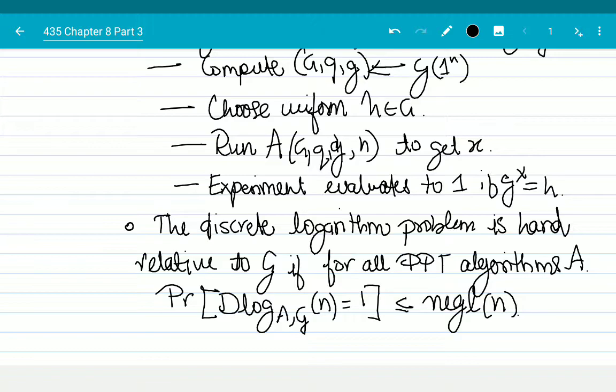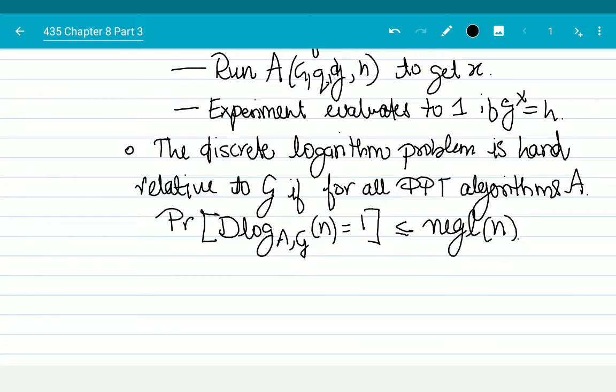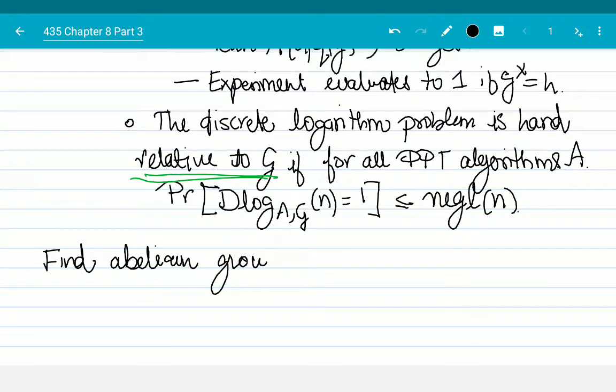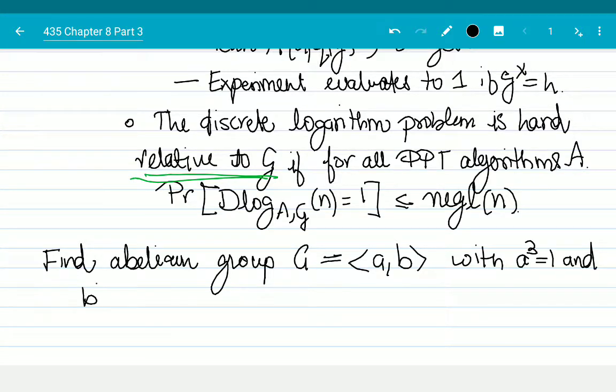Okay. Now, before I move on to the Diffie-Hellman problems, let me give you an example of what it means for the problem to be hard relative to G. On the exam, I asked you the question, find an abelian group G generated by A, B with A cubed equal to 1 and B squared equal to 1.